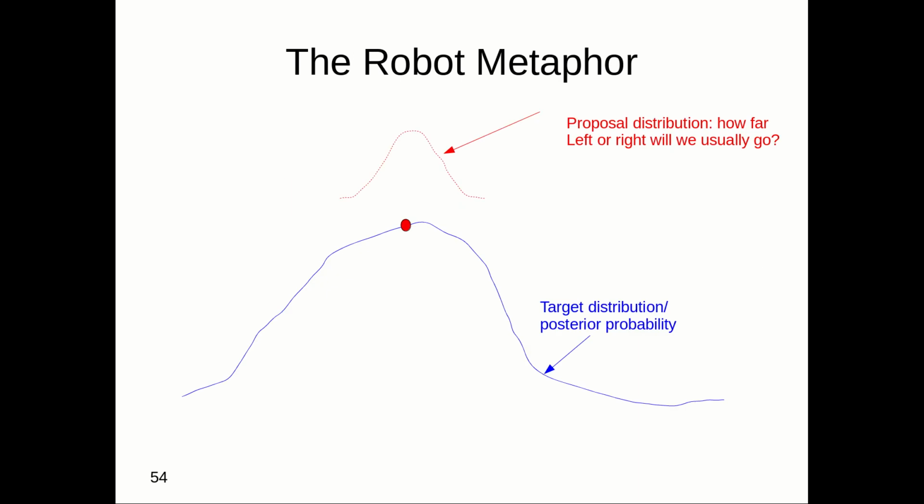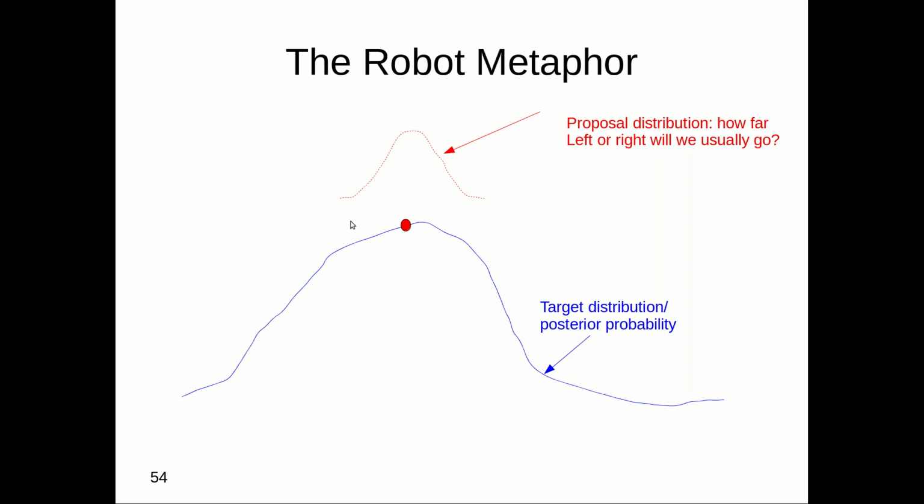So what's shown in blue here is our target distribution, our posterior probability landscape. And what is shown in red here is the proposal distribution. That's part of the program that the robot is actually executing. This one tells us how far we are going to go left or right at random, right?